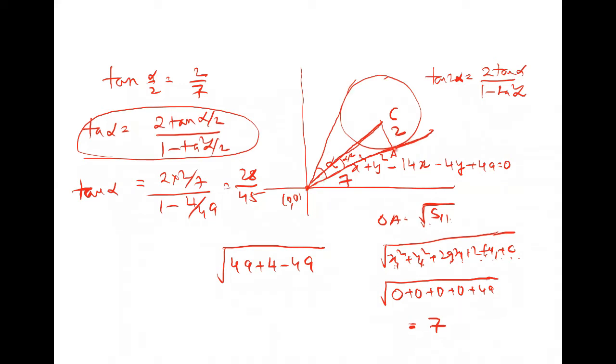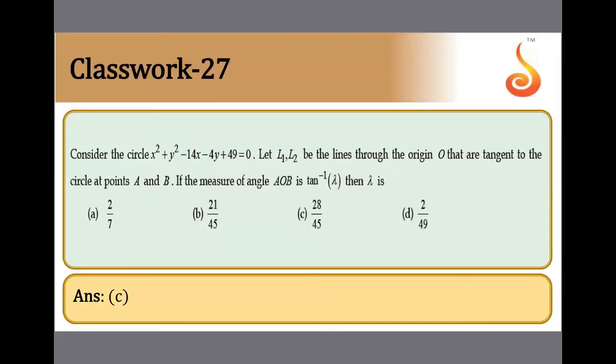This is the length of tangent. This is the OC, this is the CA. Both are perpendicular, so Pythagoras theorem. Tan alpha by 2 is 2 by 7. Clear? So 28 by 45 will come.